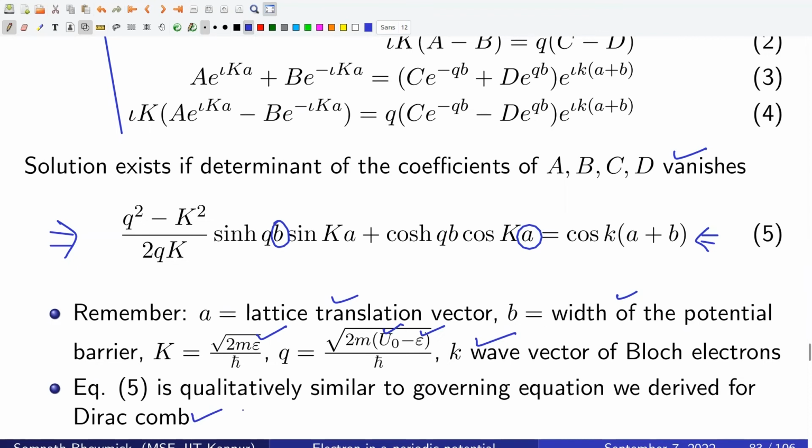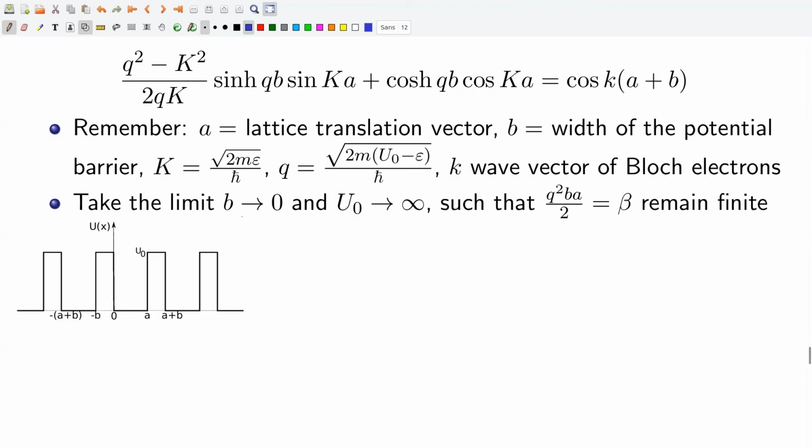Let us prove that. Let us take the limit b going to 0, that is, the width of the potential is vanishing, and u naught tends to infinity, that is, the height of the potential barrier becomes very high.